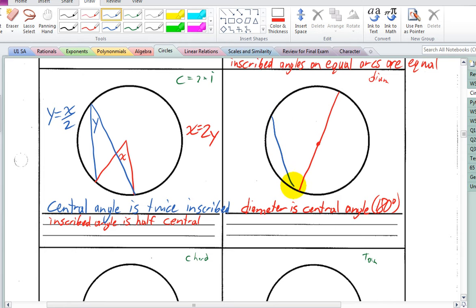And no matter how you put it, the inscribed angle to the diameter is 90 degrees. So you have to know that. You have to put down the green writing.